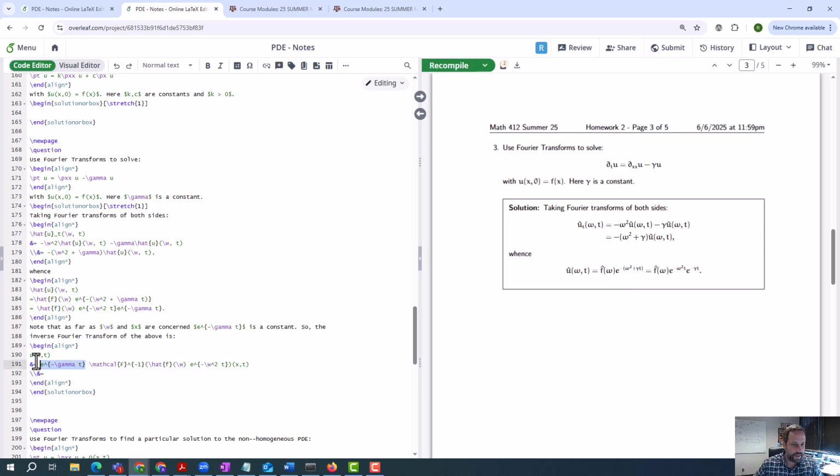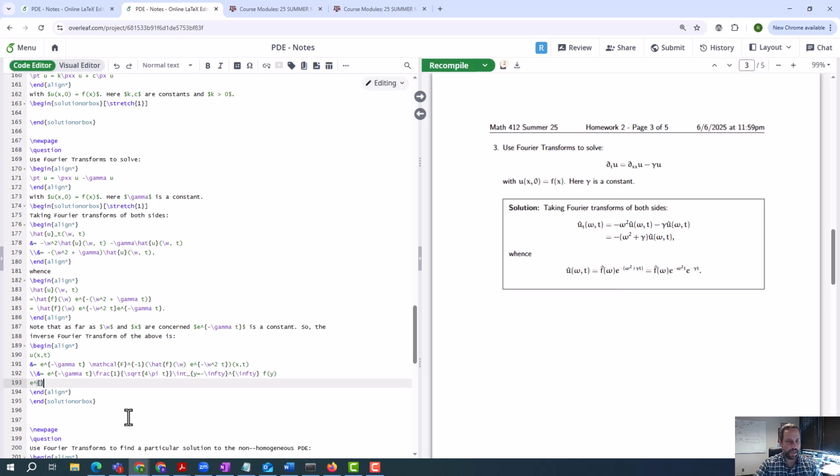So we're going to have this times 1 over the square root of 4 pi t, and then the integral over y from minus infinity to positive infinity of f of y times the exponential part e to the minus x minus y squared over 4t, dy.